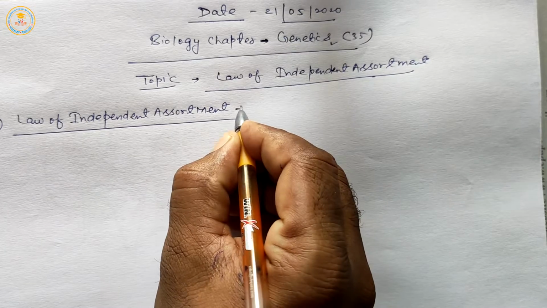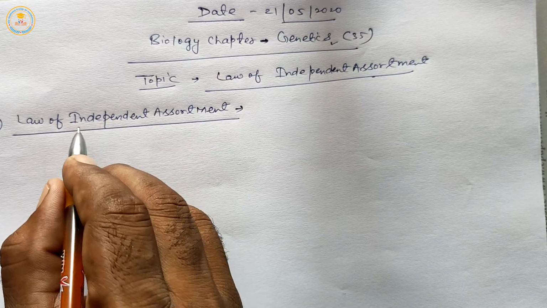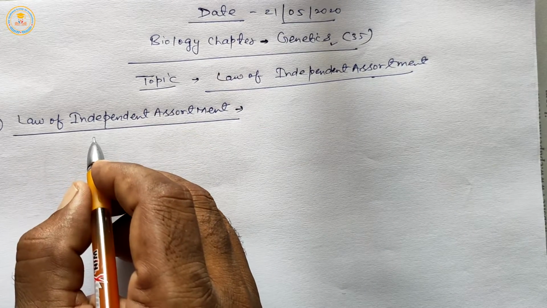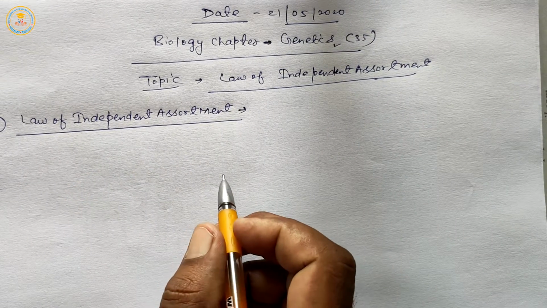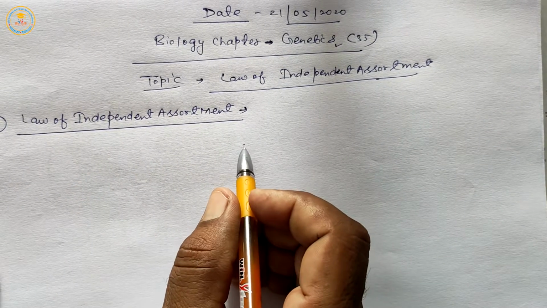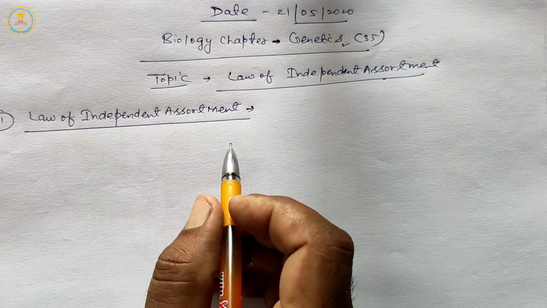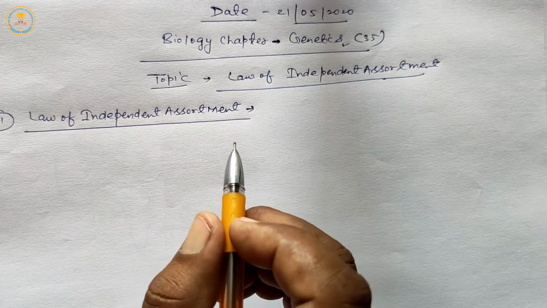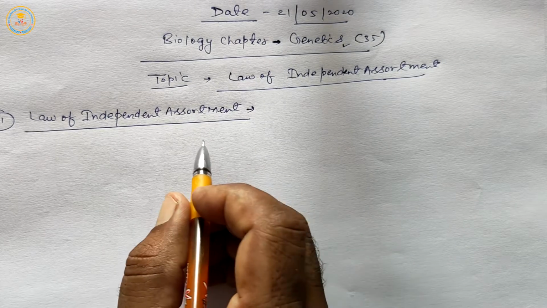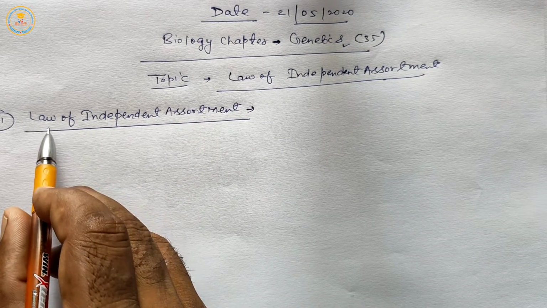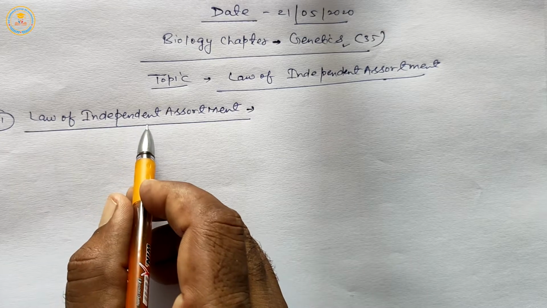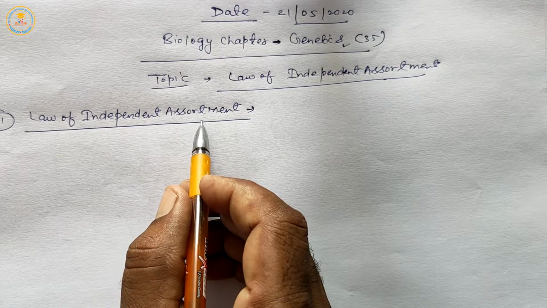Students, remember, it is the third law of inheritance. The first law of inheritance is law of dominance. The second law of inheritance is law of segregation or law of purity of gamete. And the third law of inheritance is law of independent assortment.